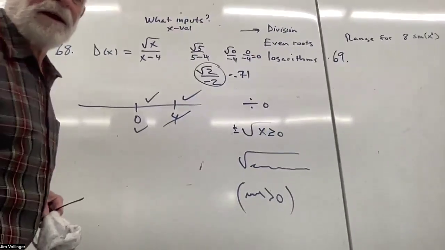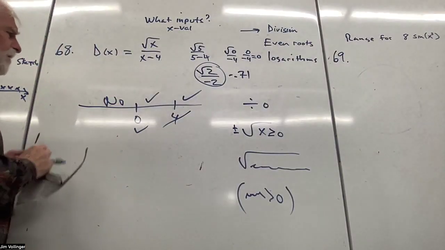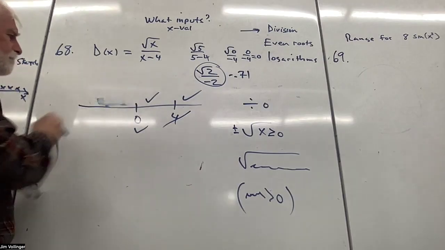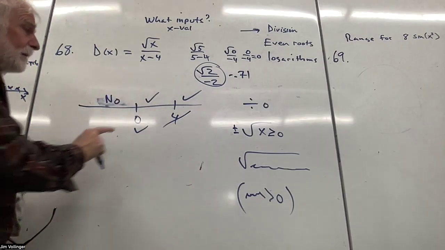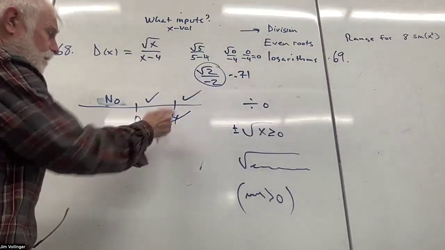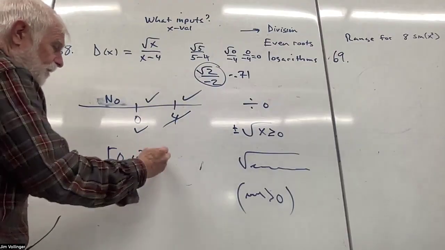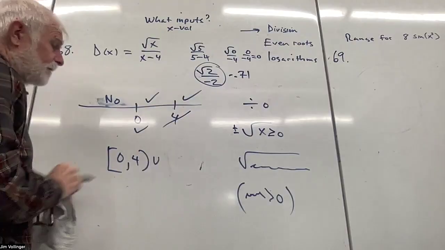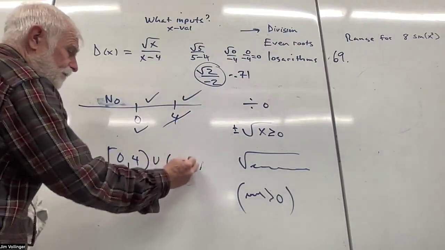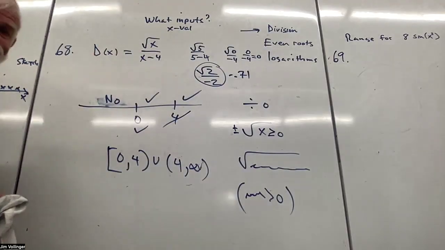Well, it's not going to show up on that coordinate system, so no. That's an ugly looking no. That's a better looking no. 0. 4 doesn't work. Okay, so 0 works. 4 doesn't work, but everything past 4, I've got to have a parentheses again. Glad I got my eraser. To infinity. That's your domain for that problem.